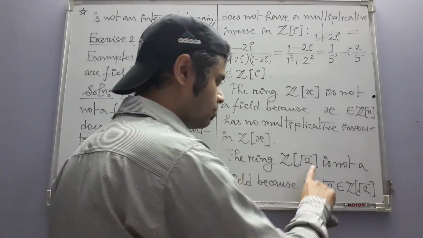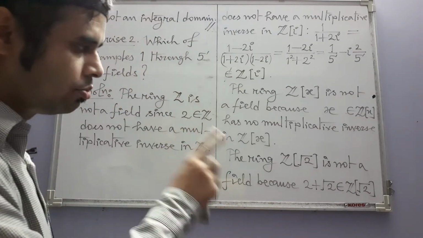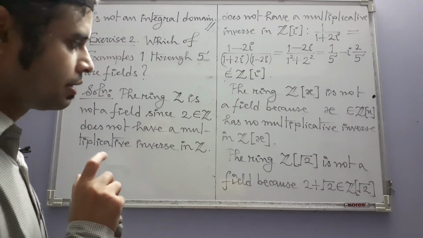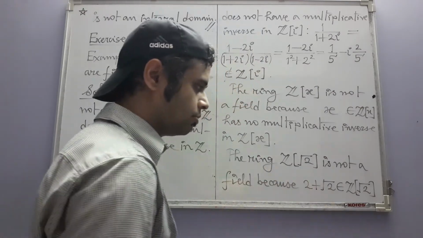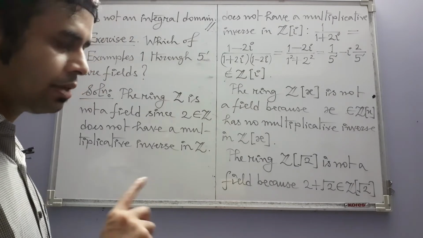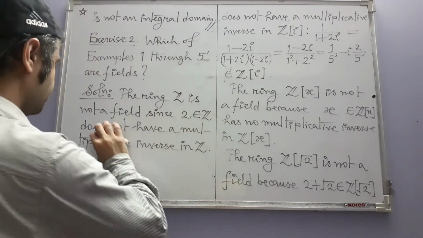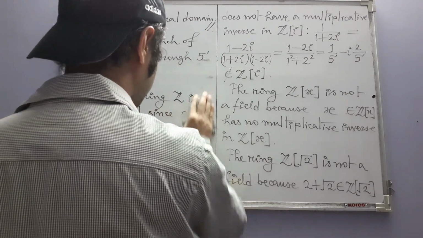Okay, so 1 over 2 plus root 2, you multiply and divide by 2 minus root 2. You will see that ultimately what you end up with is again a number of the form a plus b root 2, but where a and b, at least one of them will not be an integer like this one. So the inverse will not be in the ring.